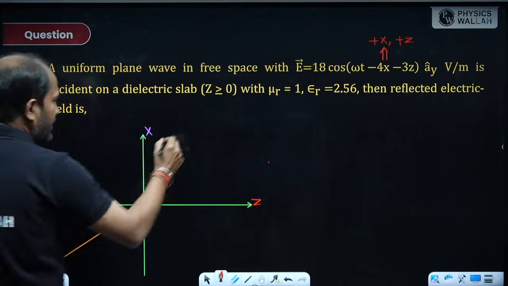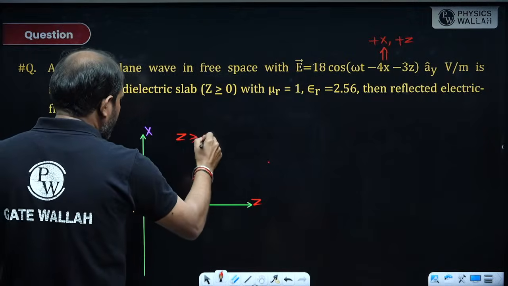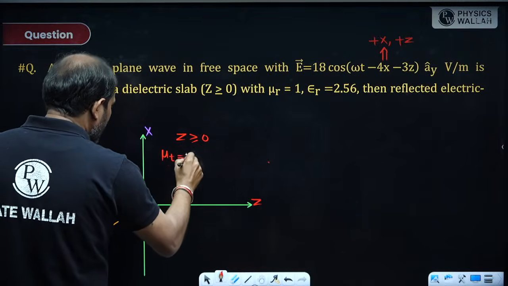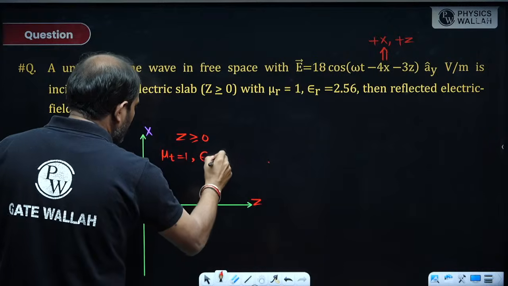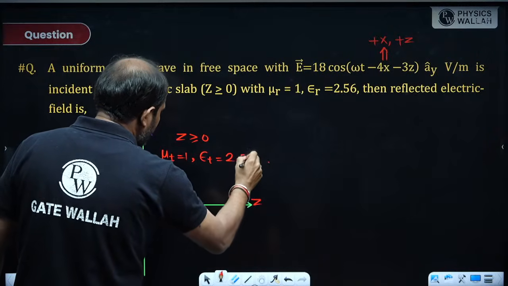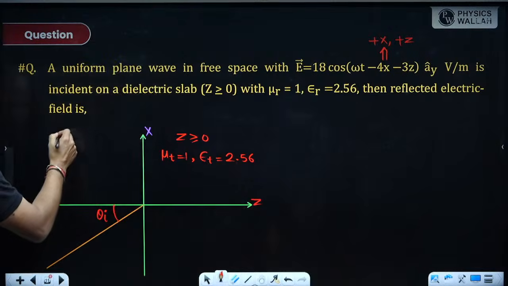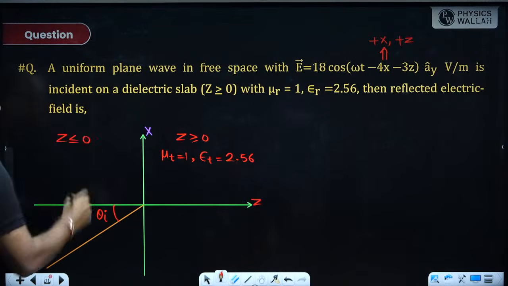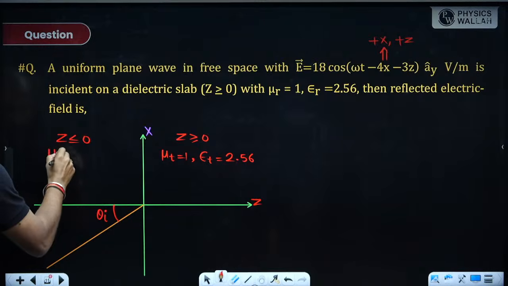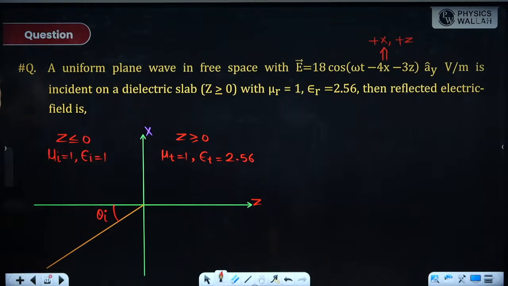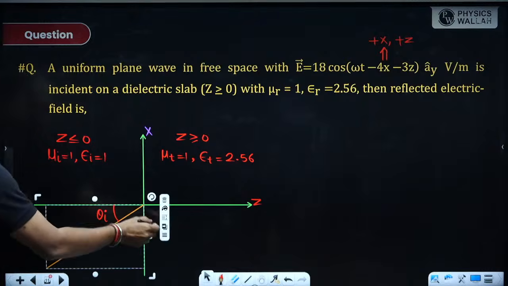Because for Z greater than or equal to 0, there is a dielectric whose mu is 1 and epsilon T is 2.56. Similarly, for Z less than or equal to 0, we have mu is 1 and epsilon I is 1.